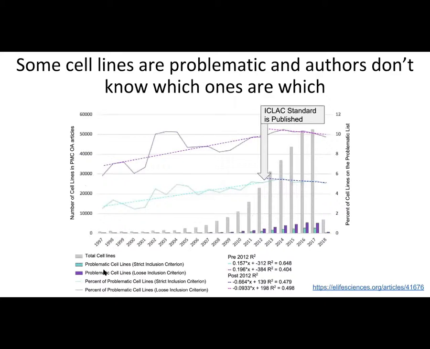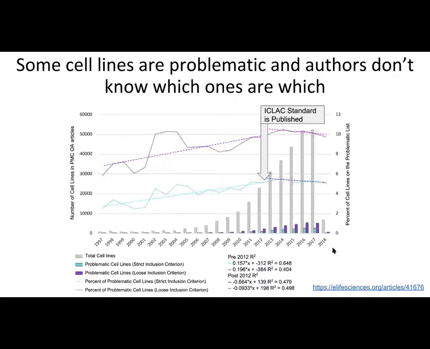Of course, the loose criteria showed more cell lines that were possibly problematic, contaminated, or misidentified than the strict criteria. The strict was an exact match of the exact term. The loose criteria was a bit more of a wild card match. So the truth is probably somewhere in between, and then we actually used a third criteria, which roughly was in the middle of these two, as that seemed to be the most reliable.